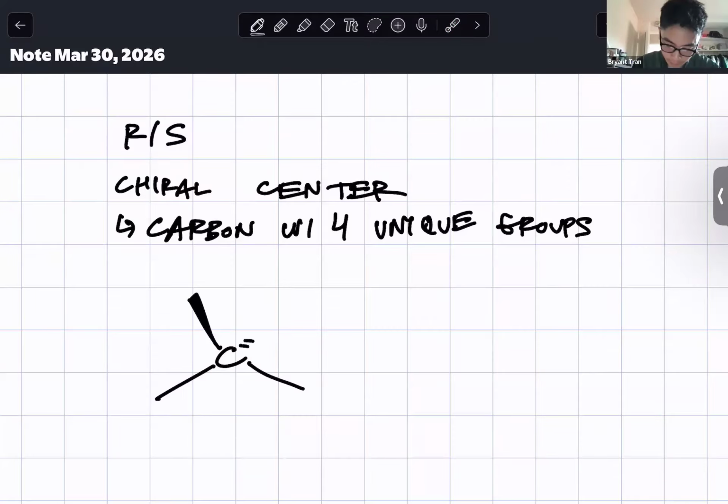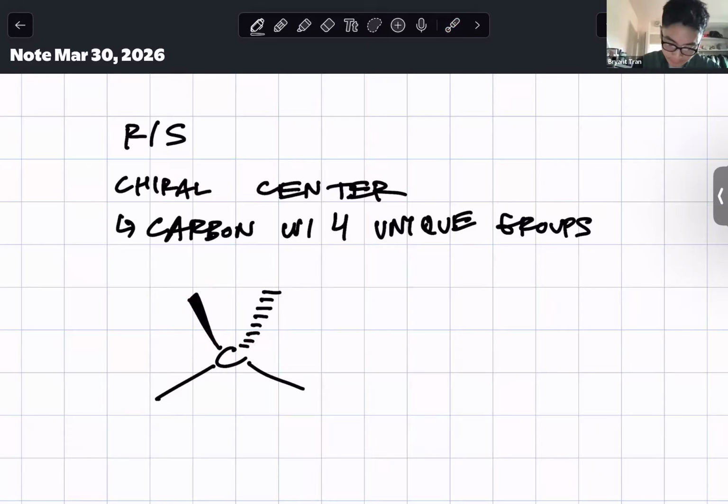The other bond is going to go into the page away from you, right? And we call this a wedge bond, which is going up out of the page towards you. And we call this a dash bond, which is going to be going away from you into the page, right?